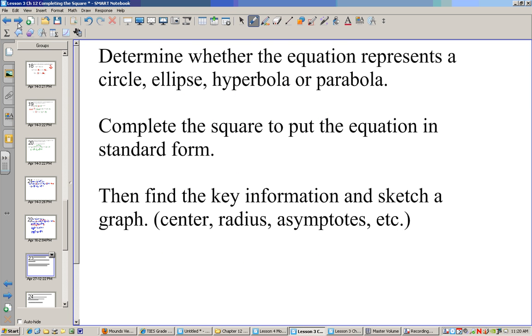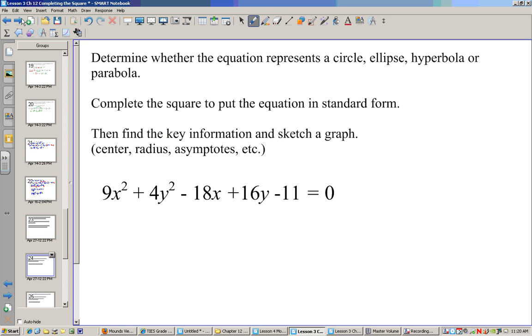Now determine whether each equation represents a circle, ellipse, hyperbola, or parabola. Complete the square to put the equation in standard form. Then find key information to sketch the graph. So on this one, we'll first put our x's together, our y's together. And before we start that, we can determine what this is.